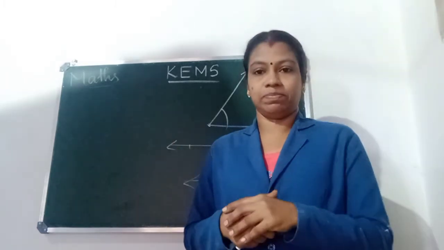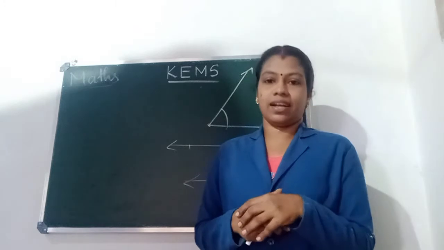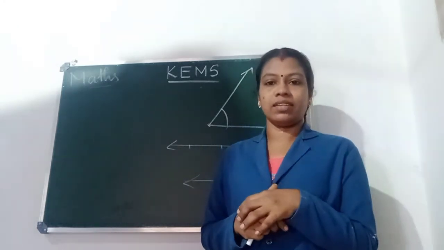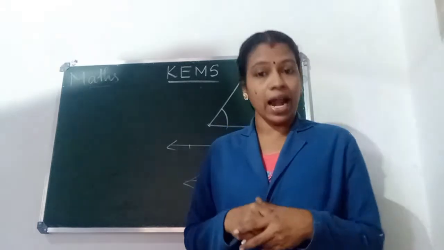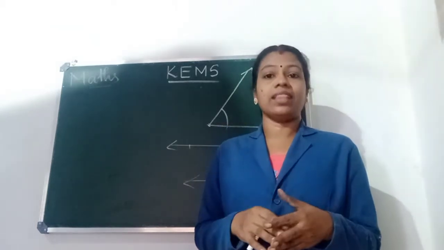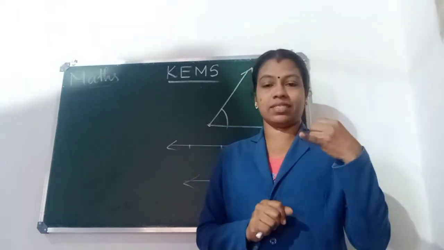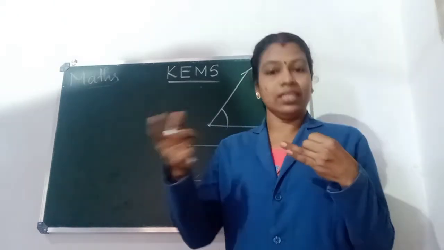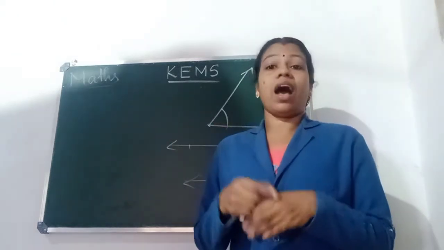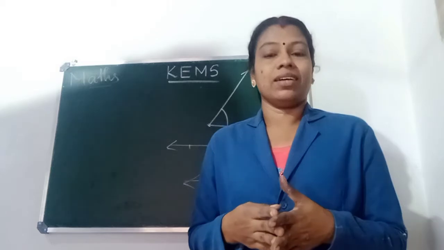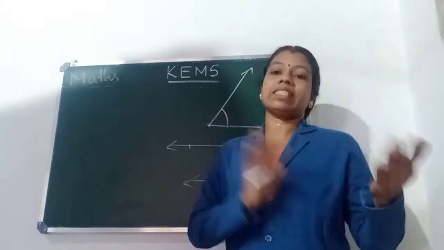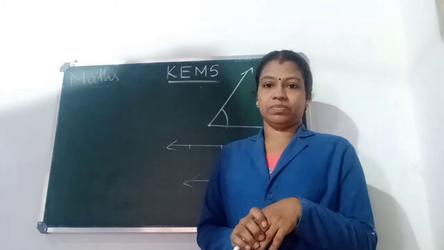First one, adjacent angles. What are adjacent angles? If two angles are adjacent, then they have a common vertex, they have a common arm, and the non-common arms lie on the different sides of the common arm.